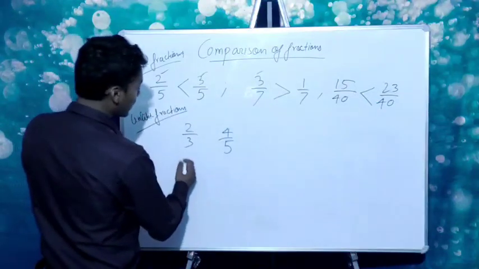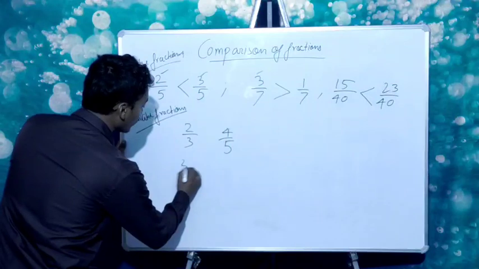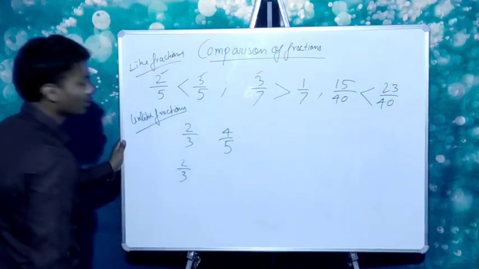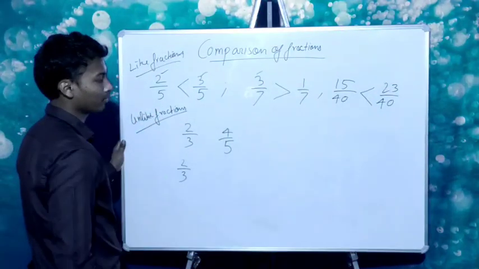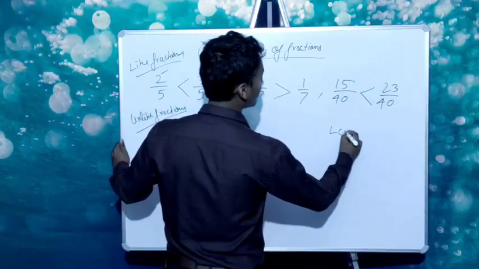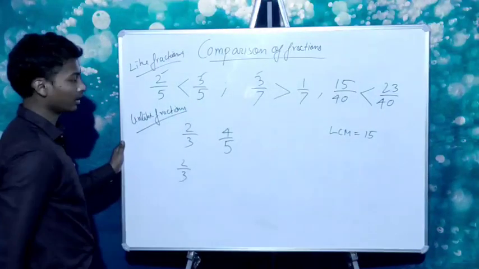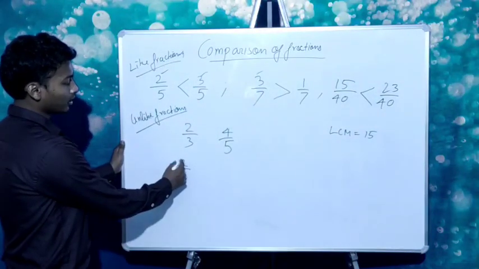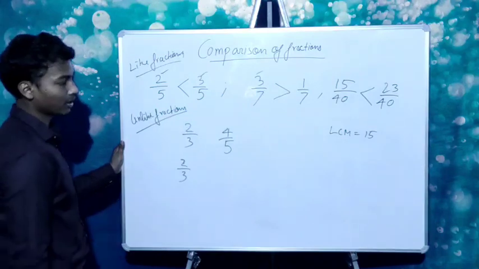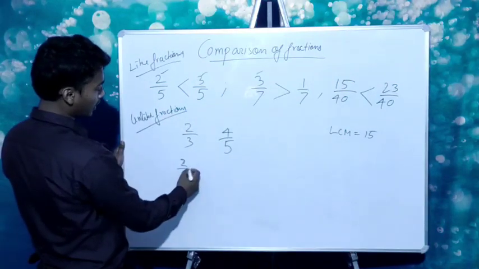So let's convert this into a like fraction. So when we convert this into a like fraction, what do we do? We find the LCM. So LCM will be what? 3 and 5 means LCM will be 15, right? 3 5s are 15. Now converting this fraction into the denominator 15.